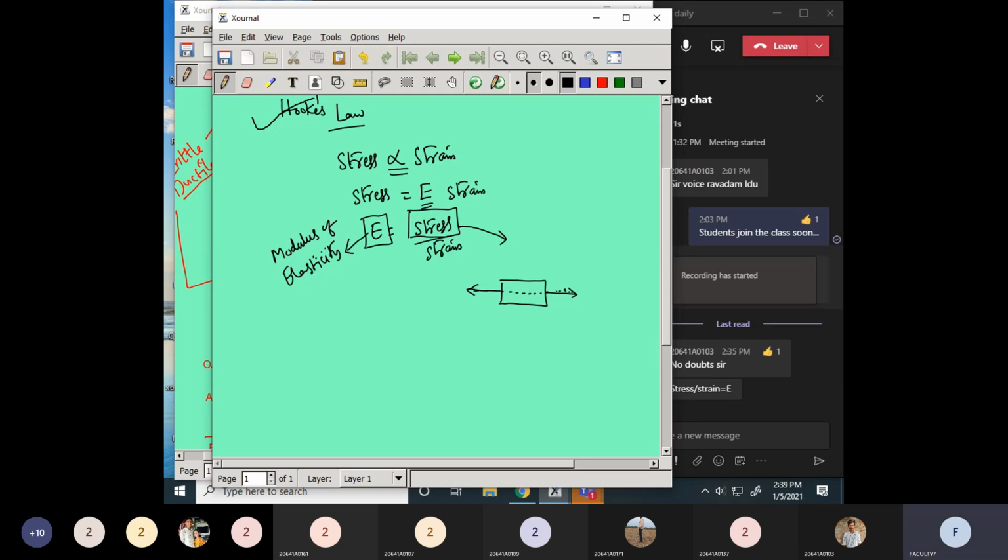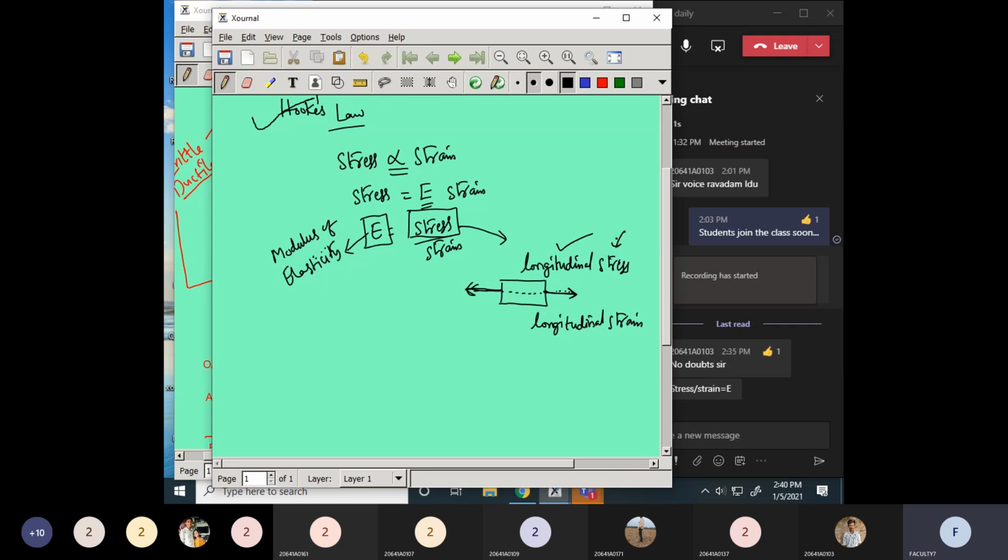This variation in the length we call a longitudinal stress, and the corresponding change in the length we call a longitudinal strain.